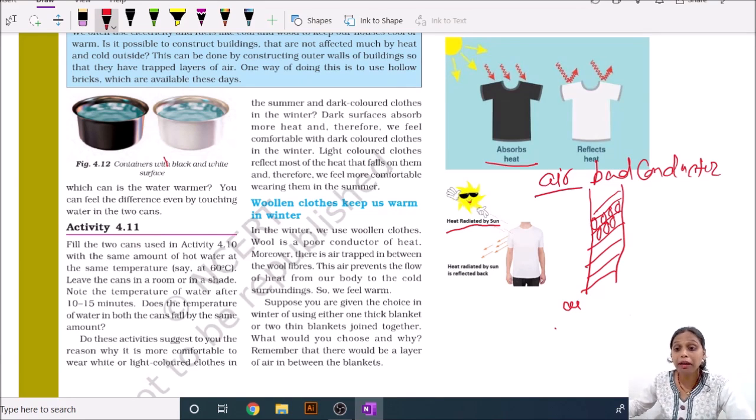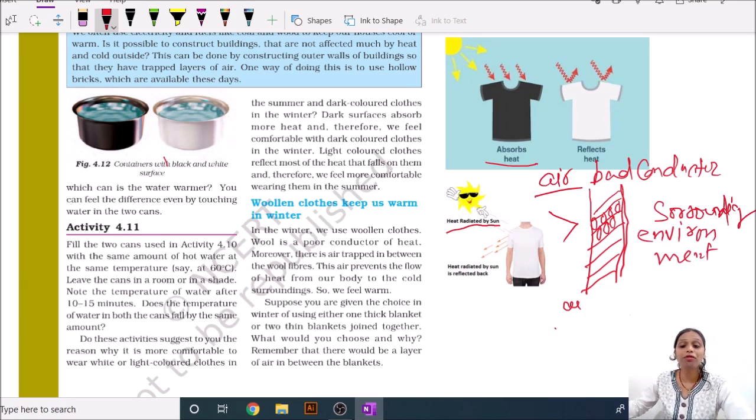That's why woolen clothes do not allow the heat present in our body to escape out, and they prevent heat from making contact with the surrounding environment.